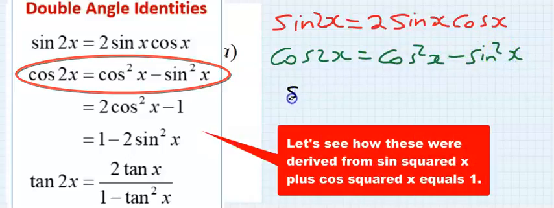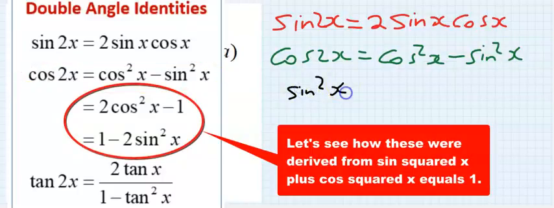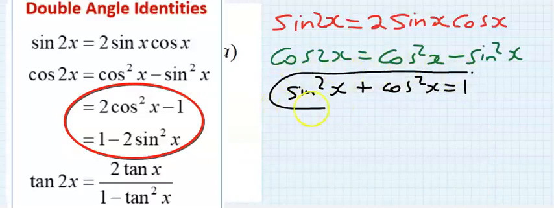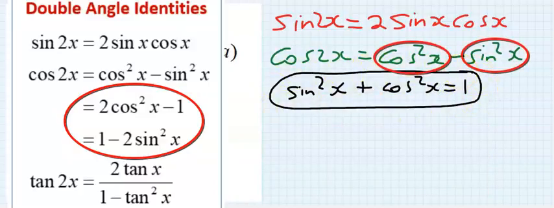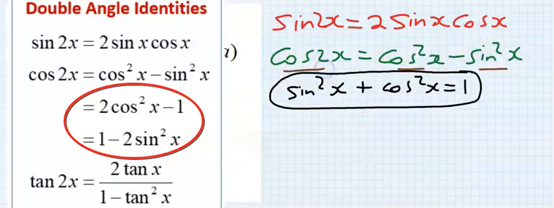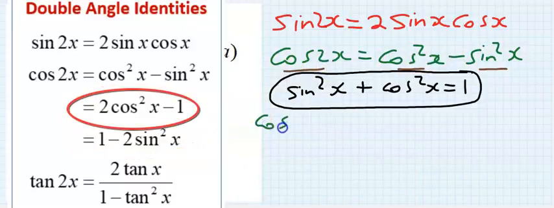If you use sine square x plus cos square x is equal to 1, and you begin to put them in here or here, hence this will become cos 2x.